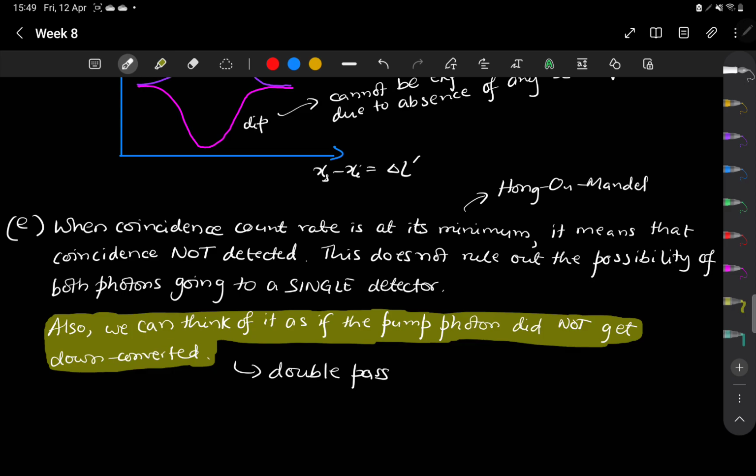Hopefully you have learned many new concepts, and a few more concepts will be introduced in the upcoming weeks, where we will look at spatial two-photon interference and also Bell inequality and orbital angular momentum of a photon. These topics will be introduced in the upcoming weeks.